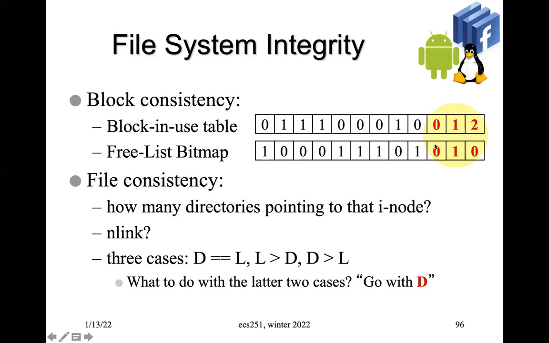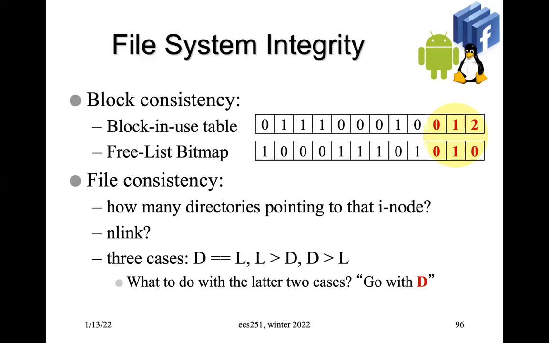So 0, 0 means that the block in use table says there's nobody using that block, but the free block bitmap is saying, sorry, this block is not free. Or you have 1, 1, where your block in use table says, hey, I have a pointer pointing to this block, however, your free block bitmap says it's actually a free block.